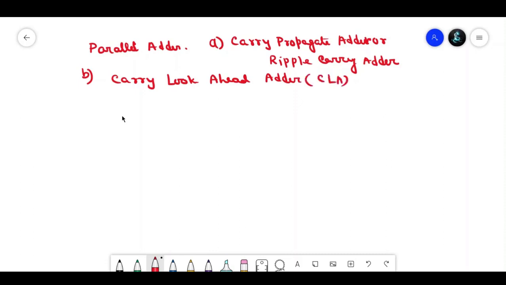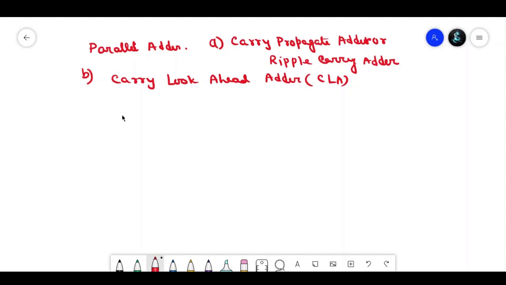So the carry propagate adder or ripple carry adder is used for addition of two n-bit numbers. So n full adders are required for this purpose. Suppose I want to add two 4-bit numbers, then I will need 4 full adders.